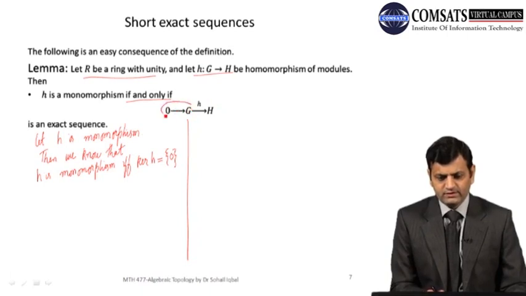Once again remember that, let's say we call this map F, then F of 0 is equal to 0. So that's how we define it.